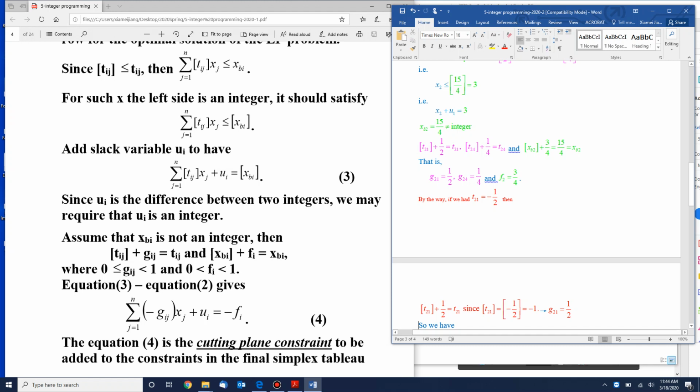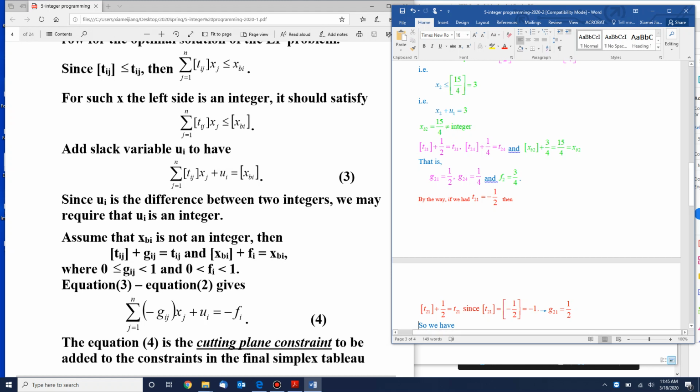So if we want to express it in the form largest integer less than tij plus gij equals tij, then that is the largest integer less than t21 plus half equals t21. And this leads to g21 equals half. So whenever the coefficient before the variable is negative, you have to pay attention there.